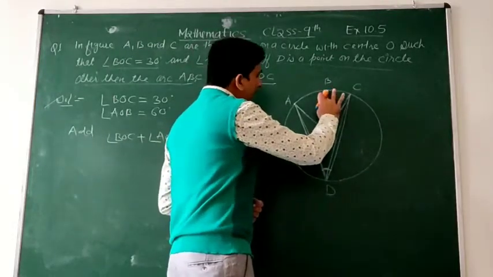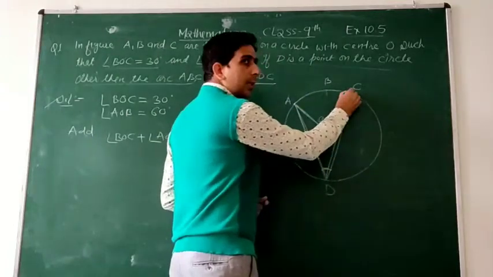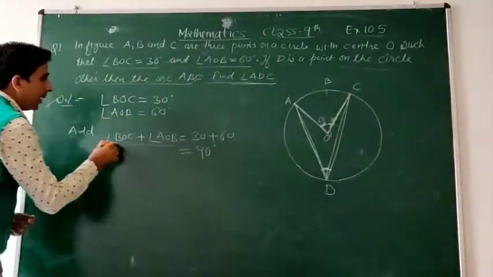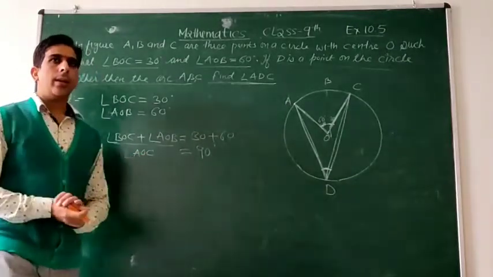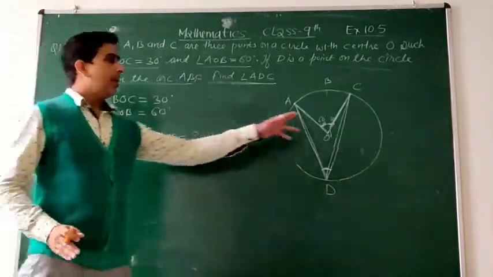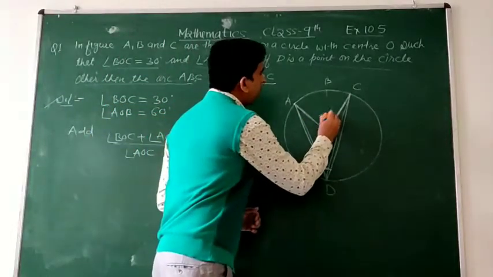If we erase this radius OB, we get angle AOC, the sum of both angles. So angle AOC is 60 plus 30, which is 90 degrees.